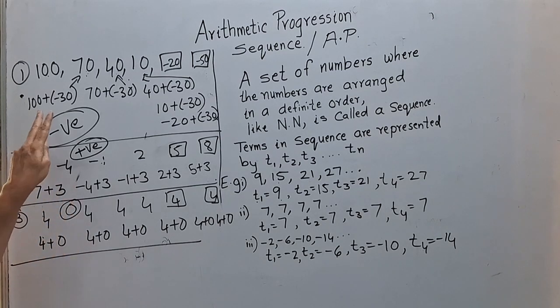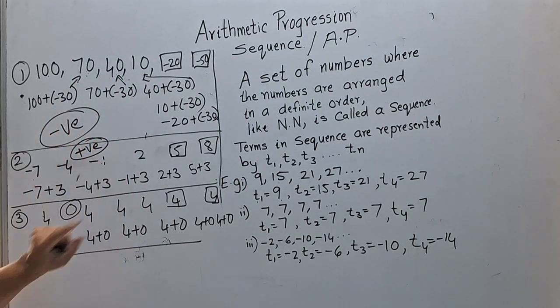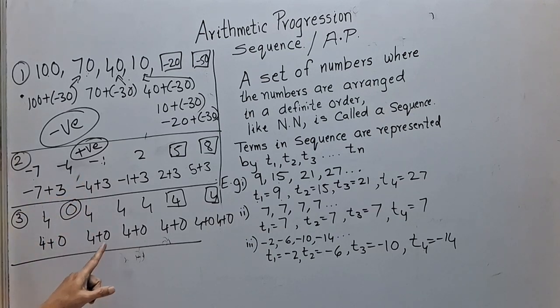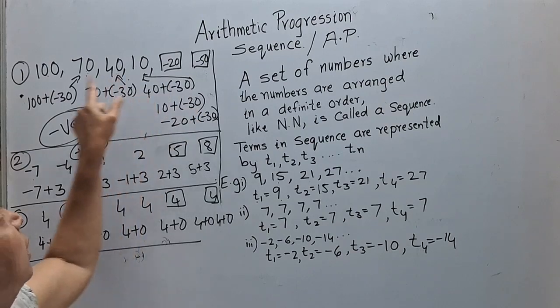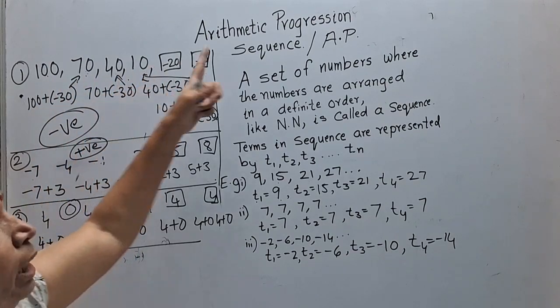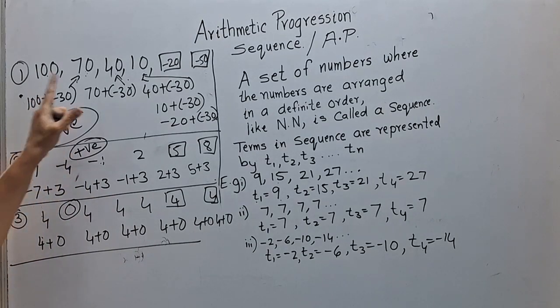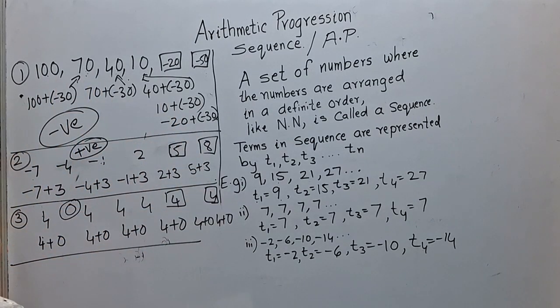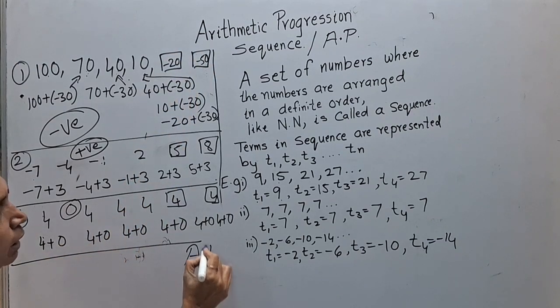So every consecutive number has some difference, and that difference here is minus 30, here it is plus 3 and here it is 0. This difference is constant between the first, second, third, fourth terms and so forth. So the full sequence with this constant difference is therefore called an arithmetic progression.